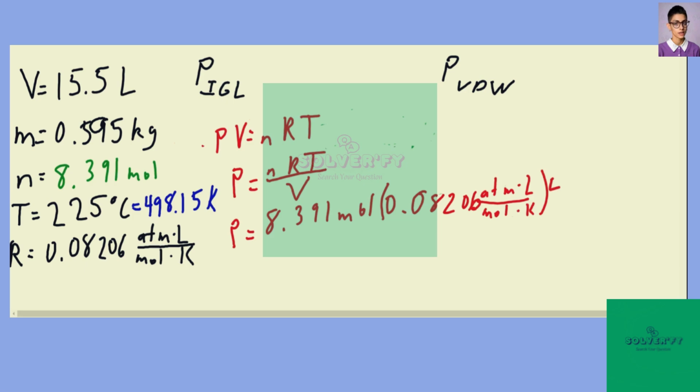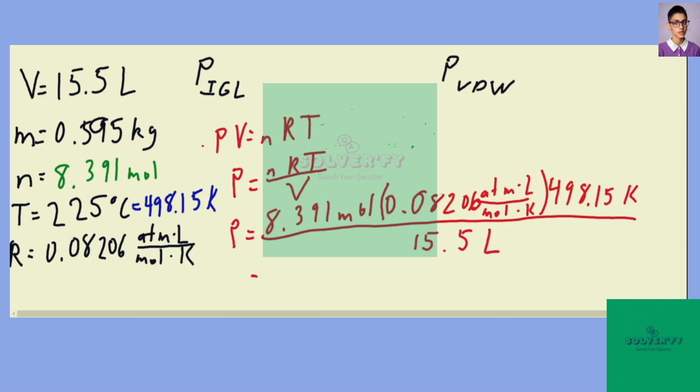So we then times that by 498.15 Kelvin. Divide that by the volume, which is going to be 15.5 liters. So I'm not going to put this in a calculator, but when you do, you'll find that the answer is 22.13 atmospheres.